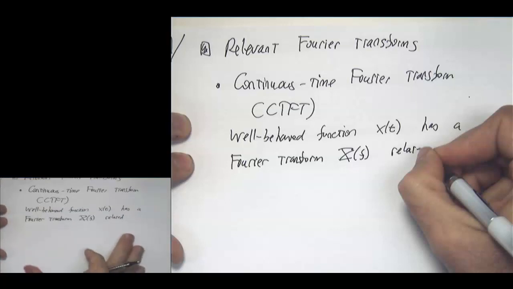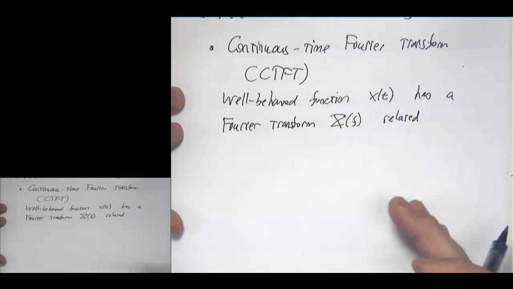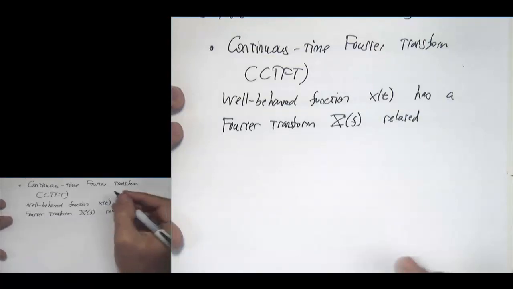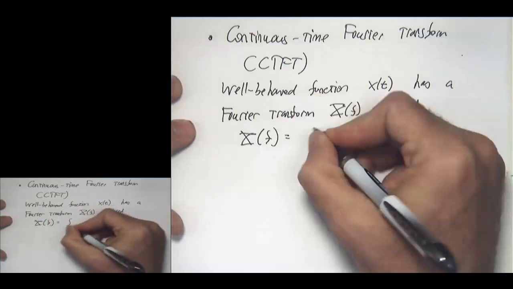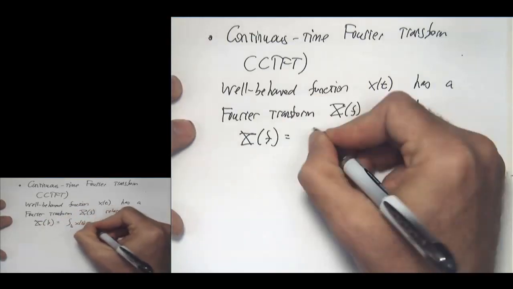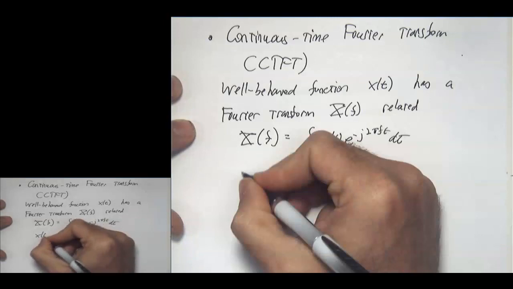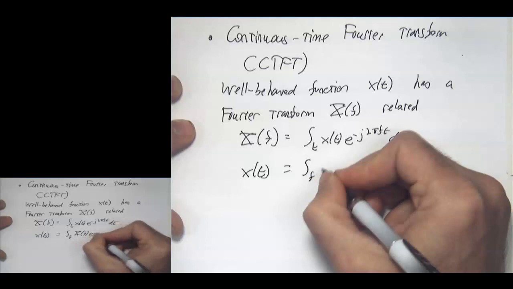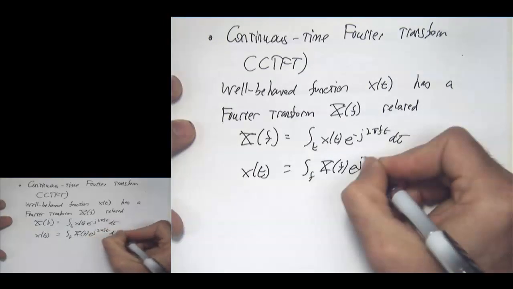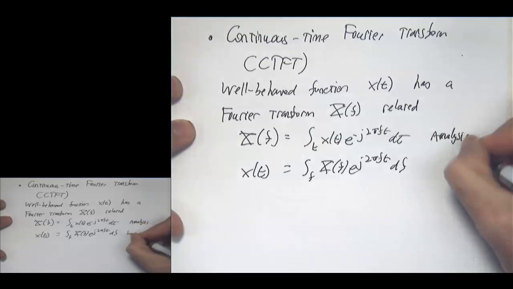So this well-behaved, I'm not going into the details of this, but remember that if you can't integrate, then the Fourier transform may not exist, or it may exist using a generalized function like the Dirac delta function here. So the analysis equation, this is going to be x of f, the integral over t of x of t e to the minus j 2 pi ft dt. And then the synthesis equation is x of t, the integral over f of x of f e to the j 2 pi ft df here. So this is analysis. This is synthesis.